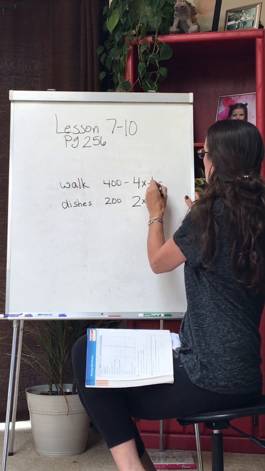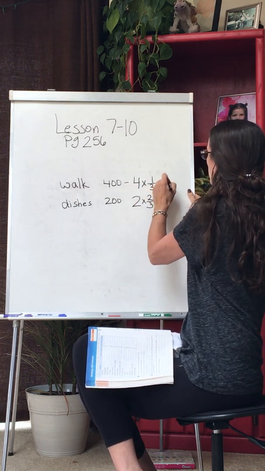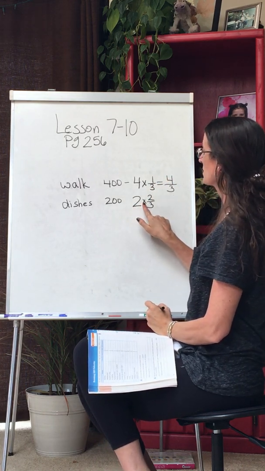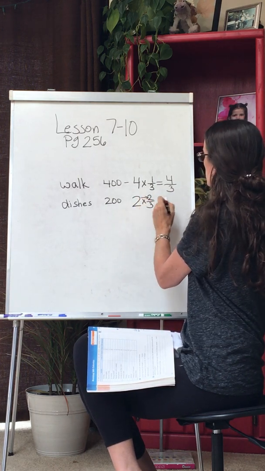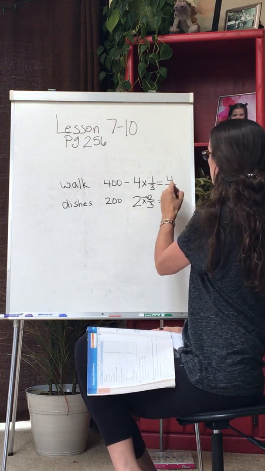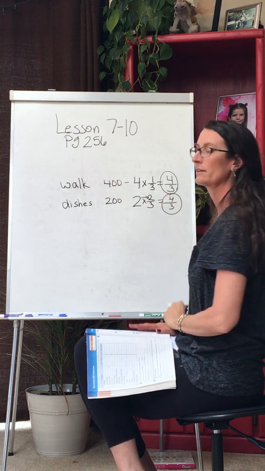So if I get these two answers, 4 times 1/3 is 4/3, and 2 times 2/3 is also 4/3. I know she did 4/3 of an hour here and 4/3 of an hour here.